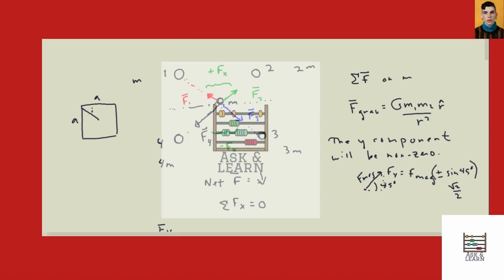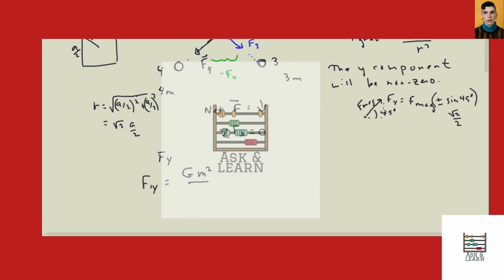And what the separation is for each of these is basically a over 2 plus a over 2 added in quadrature with the Pythagorean theorem. And that winds up to be the square root of 2, a over 2, not surprisingly. Okay, so we want to put that in for our r squared, so that's 2/4 a squared.